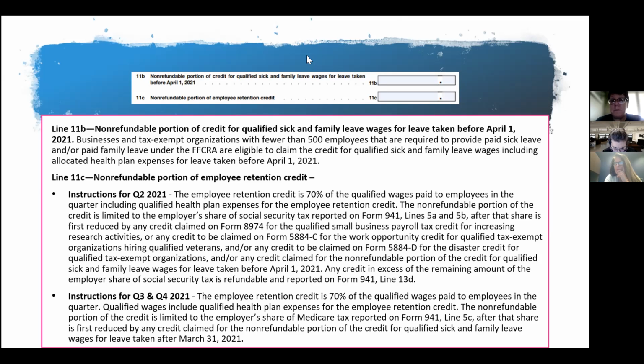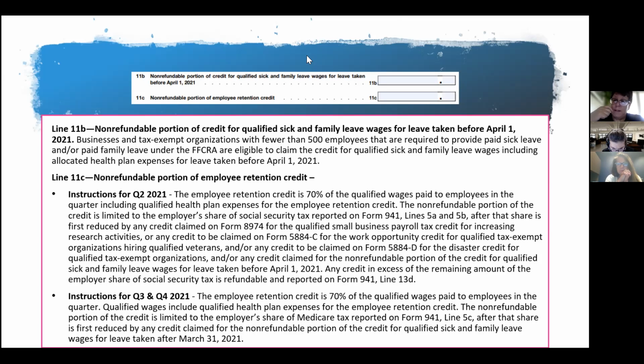It was 50%, then they raised it to, for second or third quarter 2020, it was 50%, fourth quarter 2020 and first quarter 2021. Now, fourth quarter of 2020, it was 75%. Then they raised it to 80%. It's now sitting at 80%.